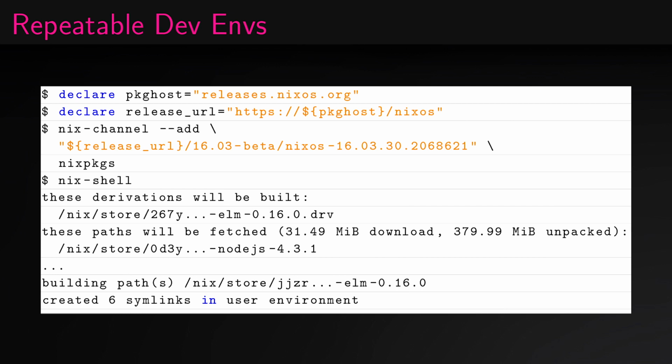Once we add that channel and it's in our path appropriately, we can just run nix-shell. Anytime we load up the same shell.nix expression, which I'll show you in a minute, with the same channel version, we'll get the exact same environment. There will be no difference whatsoever.